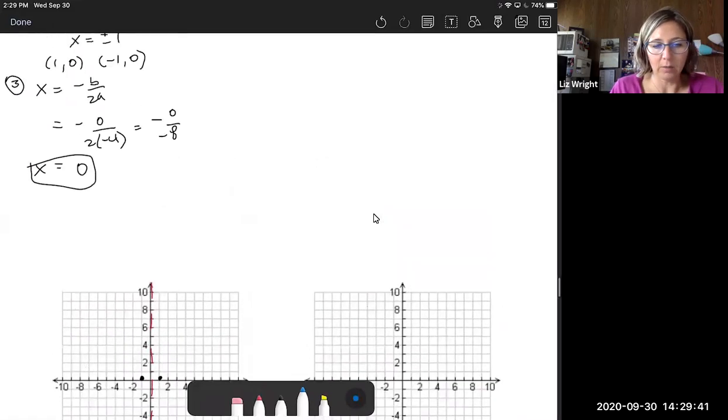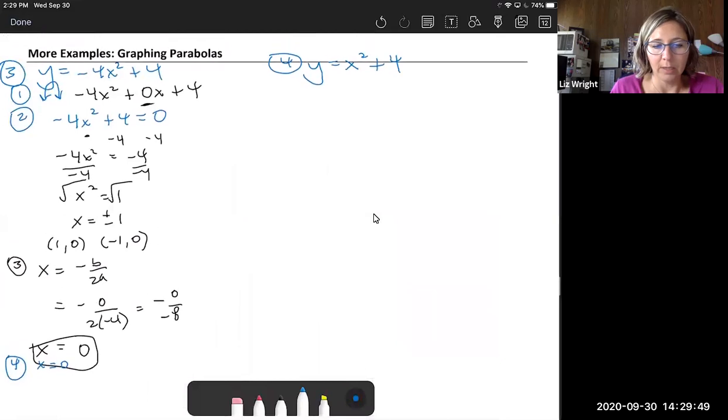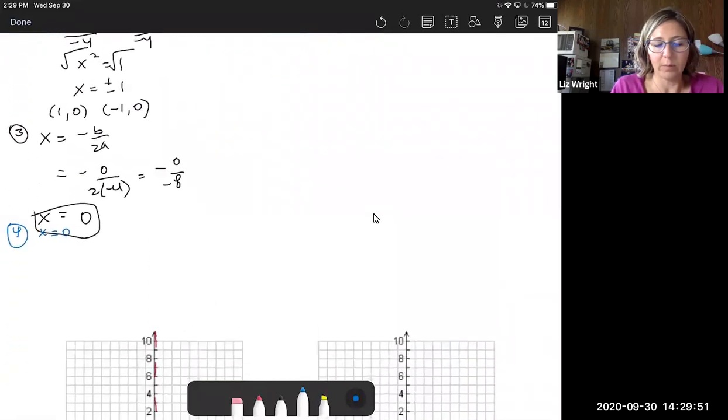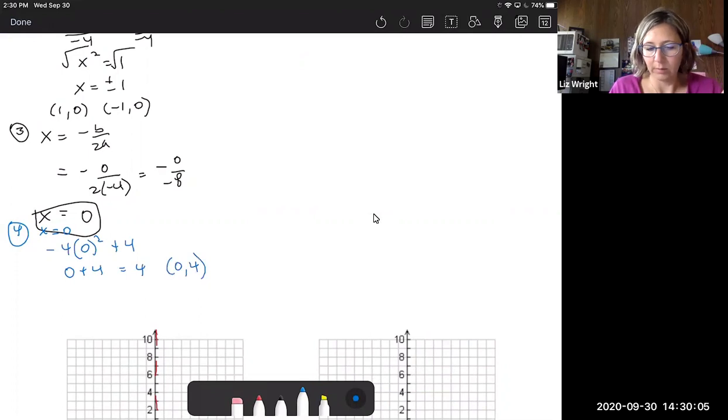And now we're going to plug that into our equation. So plug x equals 0 into your equation, and we're going to have negative 4x squared plus 4. This is going to be 0 plus 4, which is just going to give me 4. And then our ordered pair is going to be 0, 4.